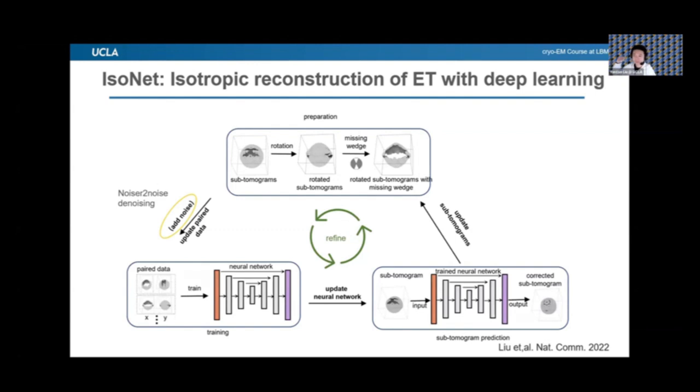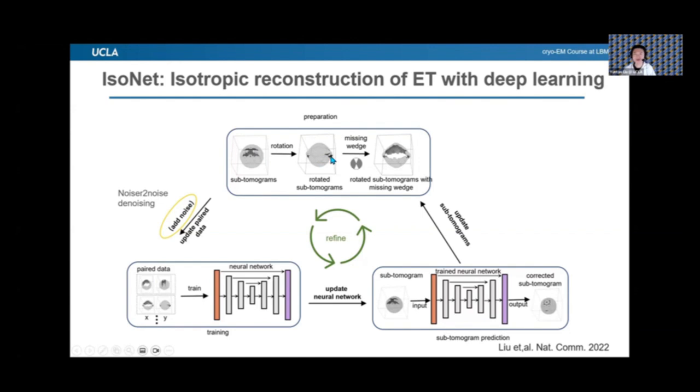So for example, we have a tomogram. We crop a subtomogram from the tomogram. First, we make a rotation, so it rotates the subtomogram, for example in this case a 90-degree rotation.